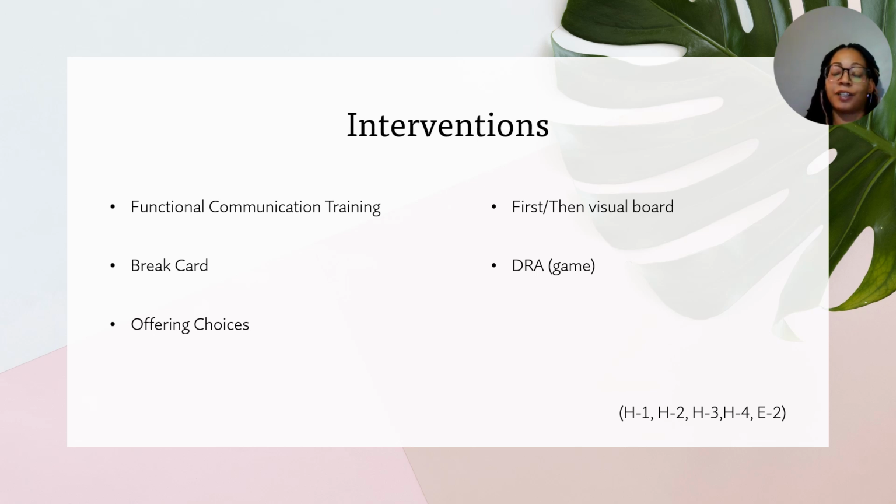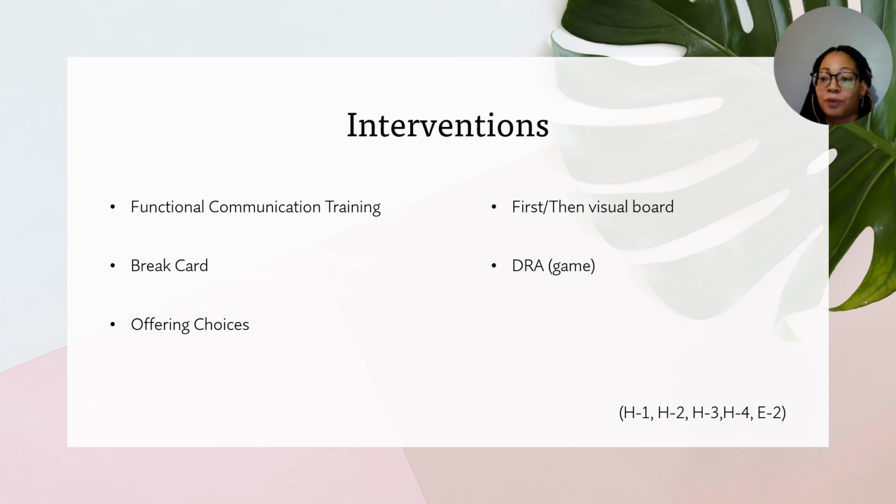With functional communication training, we're teaching him how to ask for a break instead of throwing tantrums and escaping from the task at hand. Using a break card is another way of teaching functional communication and helping him gain autonomy and use his voice. Offering choices is another way.